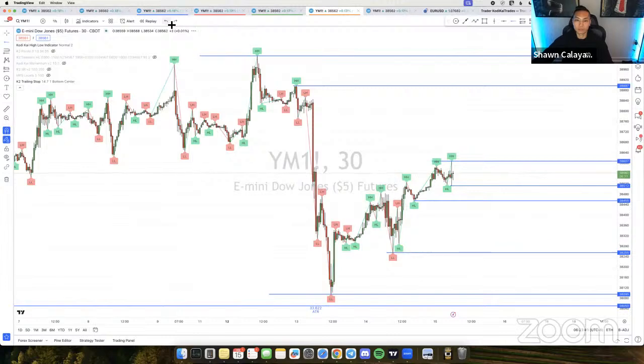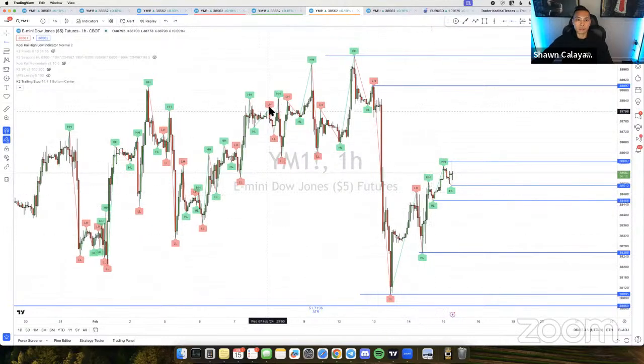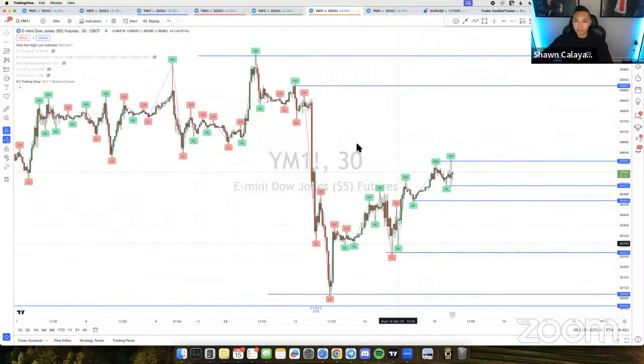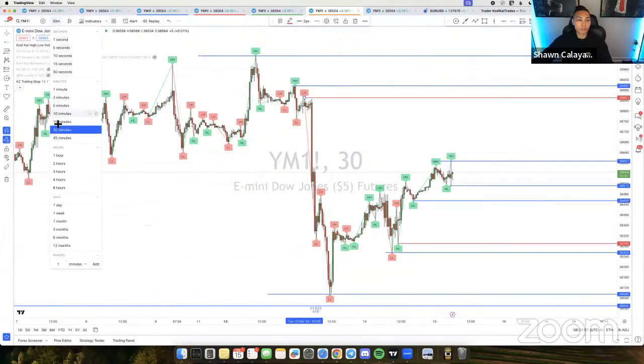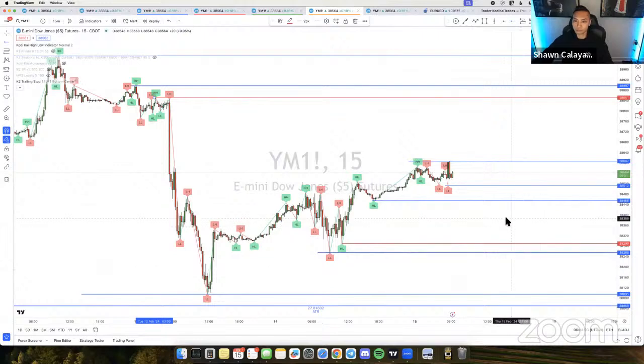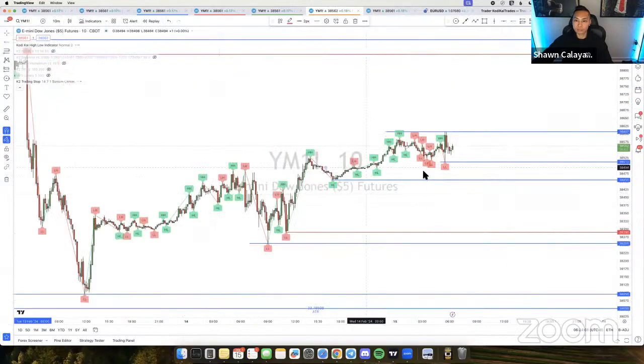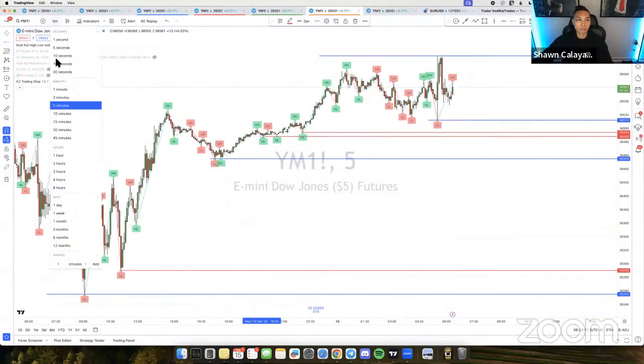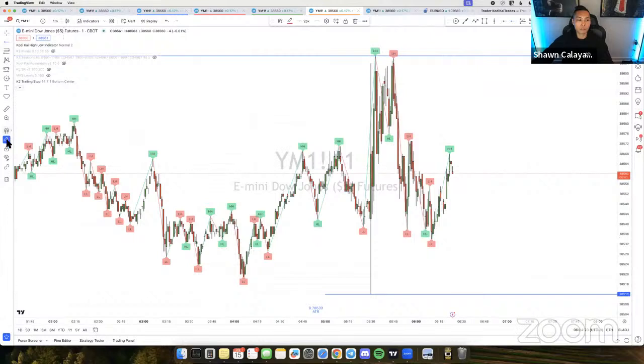I just realized that I did not change the color. Going down to the 30-minute again, so 30-minute right here changes to red. Down to the 15. I mean, it wouldn't make a difference. Those liquidities are just way too far anyways to begin with. Down to the 10, down to the 1. And it looks like we are good to go.